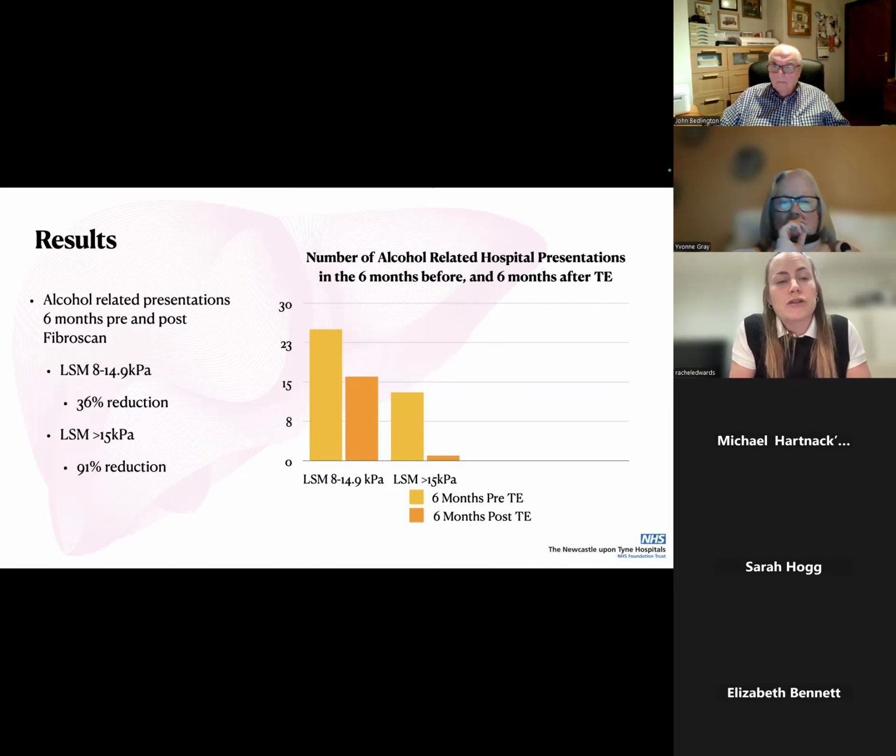In the group who had a liver stiffness measurement of 8 to 14.9, there was a 36% reduction in their attendances to hospital for alcohol-related reasons in the 6 months before compared to the 6 months after Fibroscan. And the same effect was seen, but to a greater degree, in those who had a liver stiffness measurement of greater than 15, where we were deeming those patients to have probable cirrhosis.